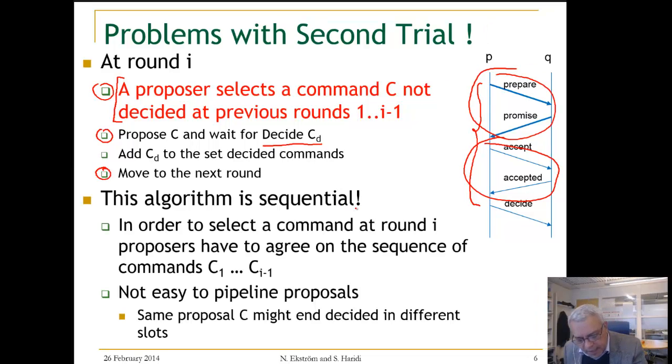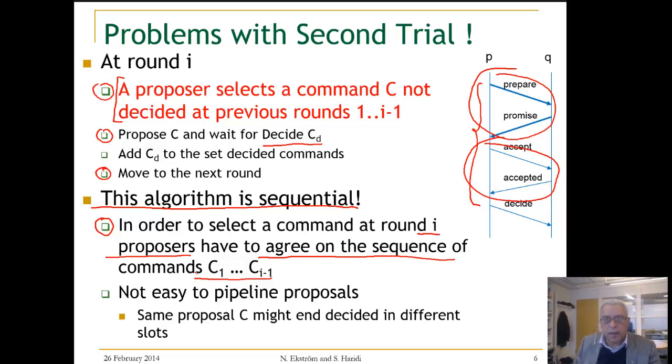So in a sense, this algorithm is sequential. Basically, all nodes are more or less running in a lockstep fashion. The problem is that in order to select a command at round I, a proposer has to know what has been agreed on in the previous rounds.